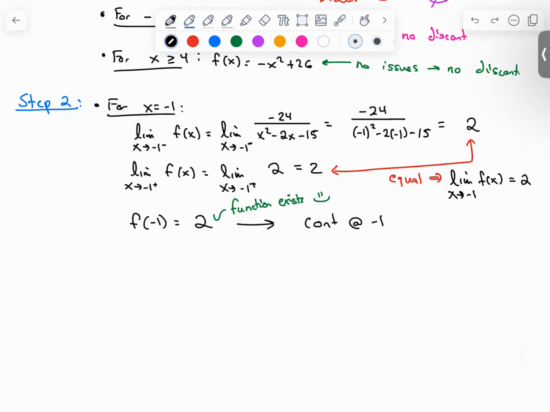Next, we'll check it for x equals 4. So the limit as x approaches 4 from the left of f of x. In this case, we would be using the middle piece, the middle function.